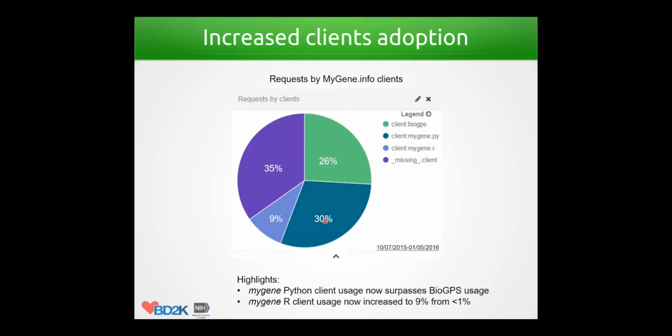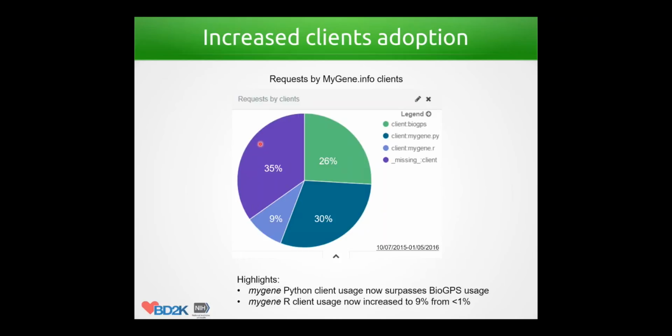This is the first time I saw Python client usage surpass BioGPS, which is great. We also saw 9% of usage from our R client, which is nice to see because when I last reported, the R client usage was around 1%, as we just released the R client in early 2015.